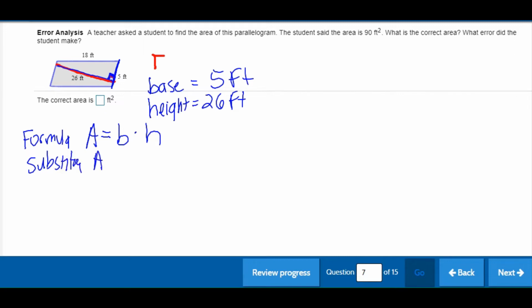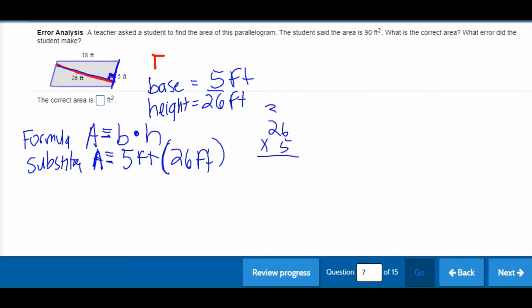So we don't know the area, so we leave the A. We bring down our equal sign. We know that the base is 5 feet. We know that the height times 26 feet is the height. And then we can multiply 26 times 5 to get the area of the parallelogram.